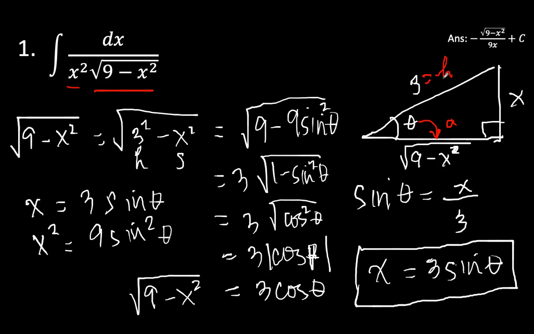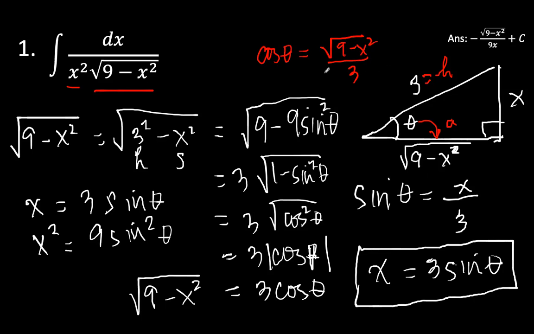So we have adjacent and hypotenuse. Now, what is the trigonometric function that deals with adjacent and hypotenuse? We have SOHCAHTOA. CAH means cosine. Cosine theta is equal to the adjacent part, the square root of 9 minus x squared, over 3, correct?